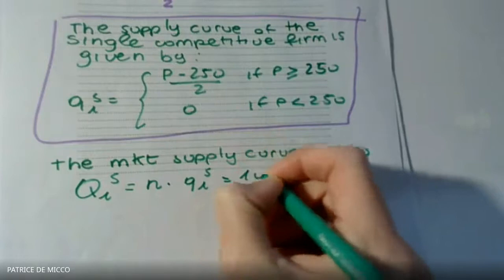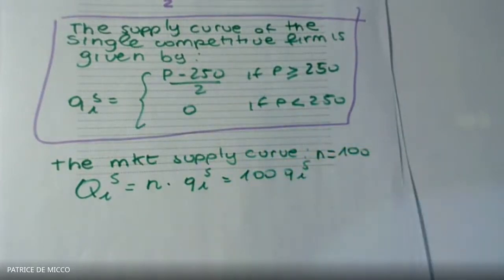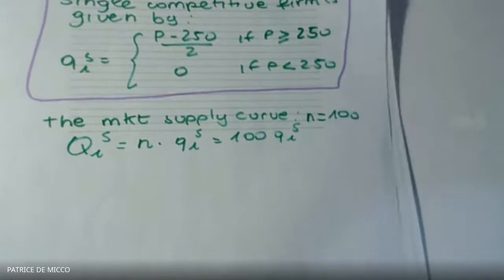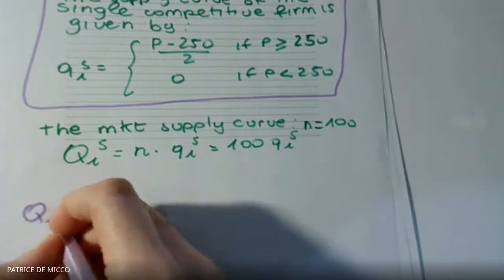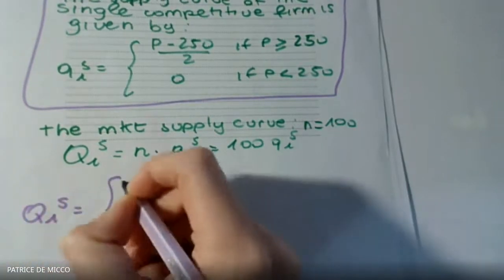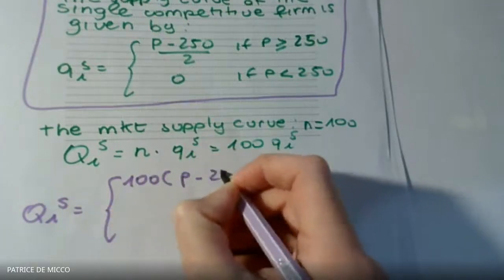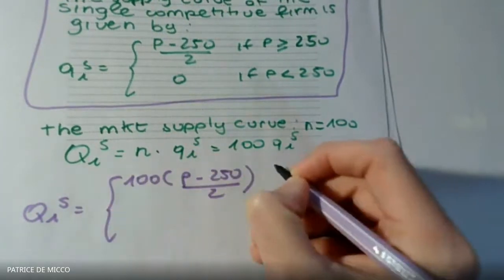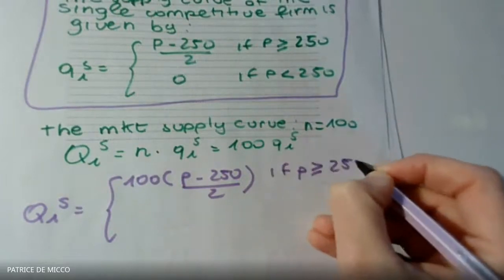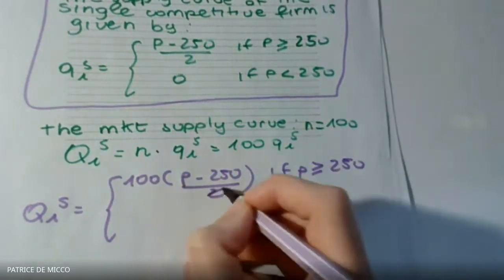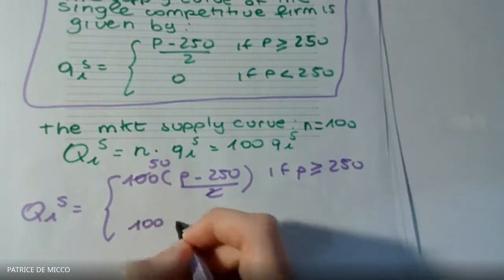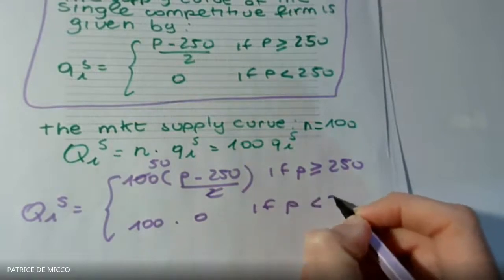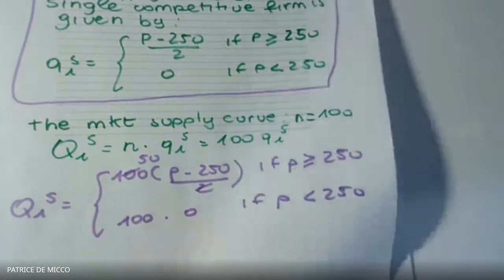Okay, so 100 times Qi^S, and so we rewrite this in a precise way, and we get that Q^S is given by 100 times P minus 250 divided by 2 if the price is larger or equal than 250, okay? Here we simplify, okay? And then we will write the final result, okay? Or we have 100 times 0 if the price is lower than 250, okay?